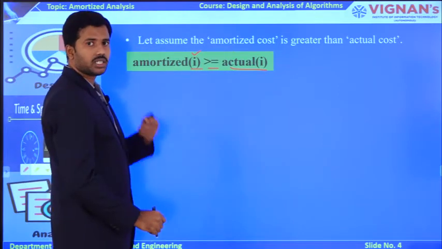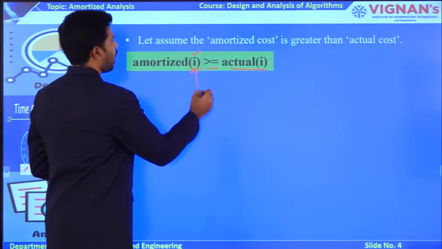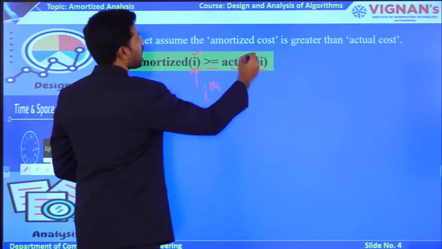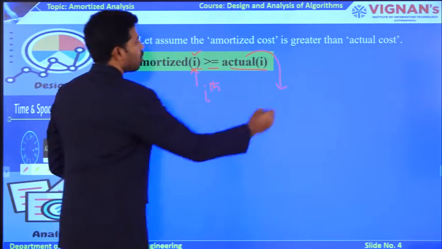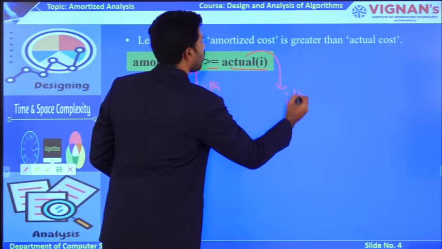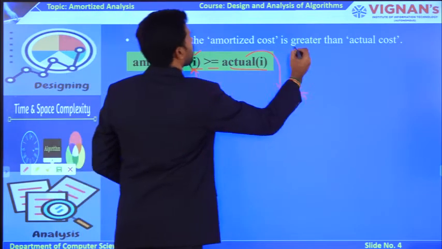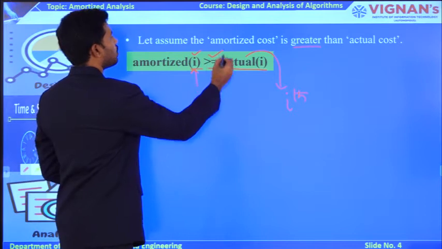The amortized cost for the ith operation. What is meant by actual of I? The amount of actual cost to apply the ith operation. I am assuming that my amortized cost is greater than my actual cost. That's why the greater than or equal to symbol is there.